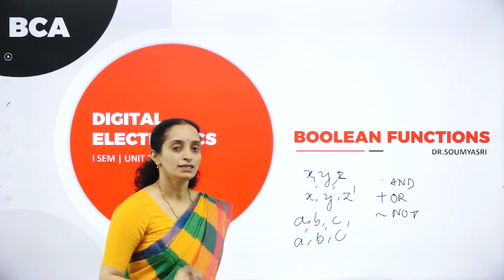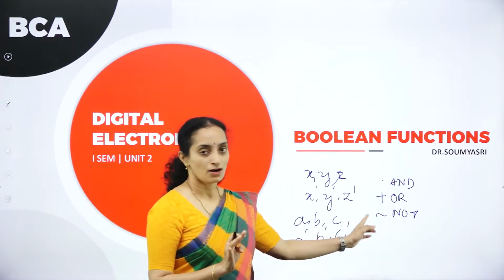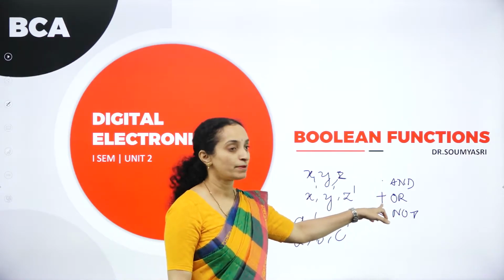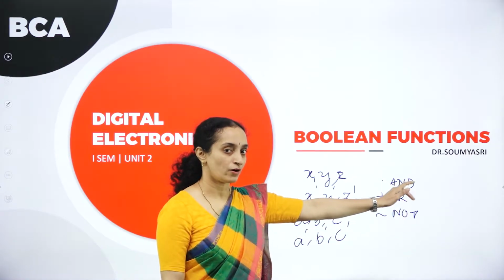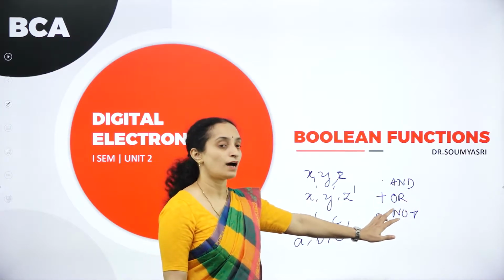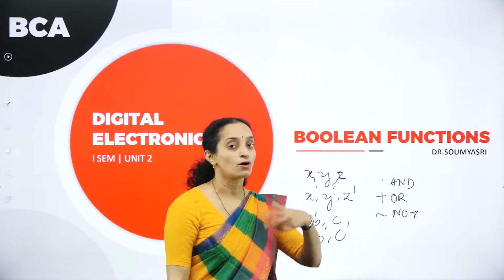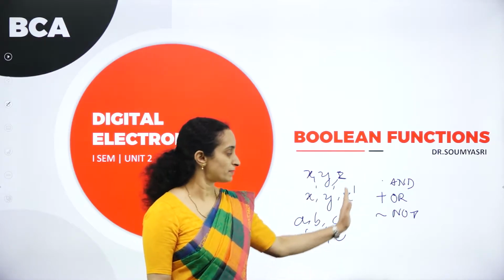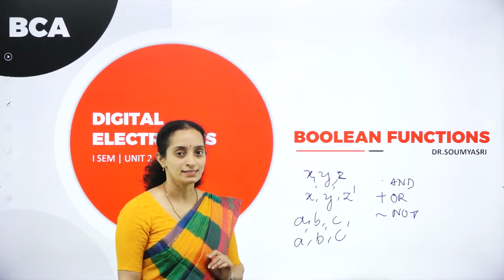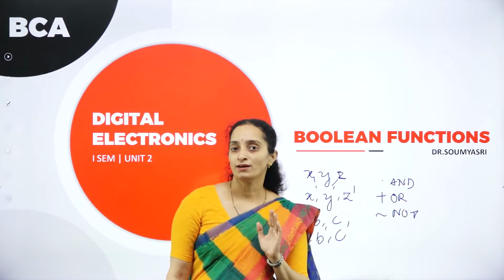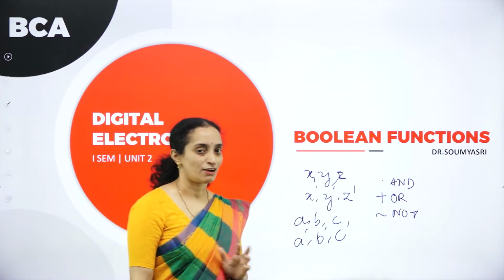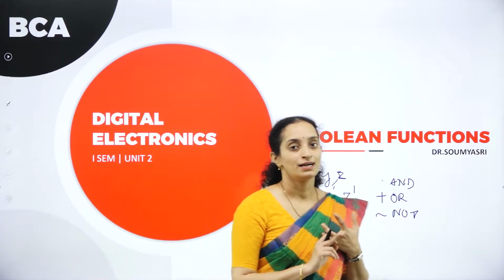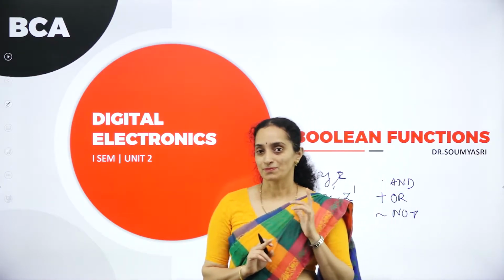So we'll be using 3 operators: AND, OR and NOT; the dot operator or multiplication, the plus operator or addition, and NOT, the complement of a value. Using these 6 variables and 3 operators, we can create the Boolean functions, combining multiplication, addition and complement.